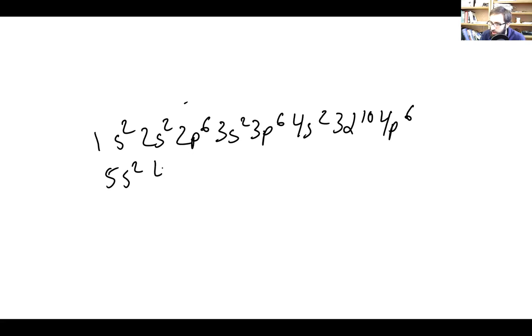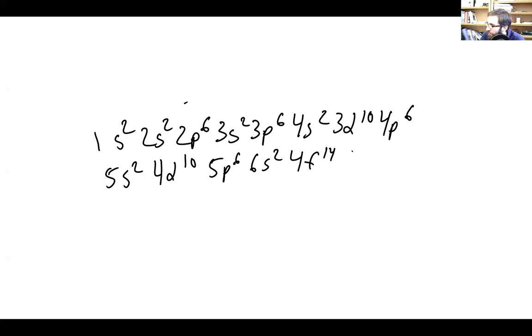And now we go to 4d10, 5p6, 6s2, 4f, we're into the block S, 4f14. Intricacies of quantum mechanics, guys, but use the shape of the periodic table to help you get this far.